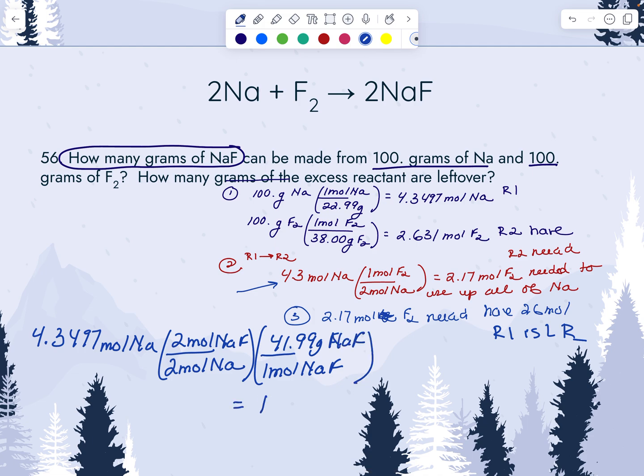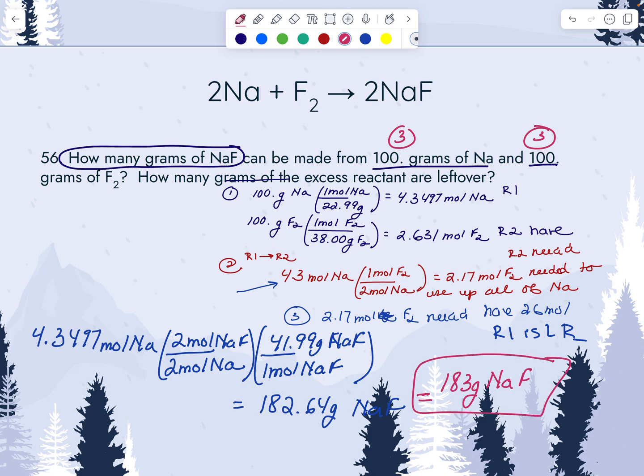So I will be able to make 182.64 grams of NaF. And now go back and look at significant figures, right? Both of those numbers have 3 significant figures. So I know my answer is going to have 3 significant figures. So it will be 183 grams of sodium fluoride that will be able to be made.